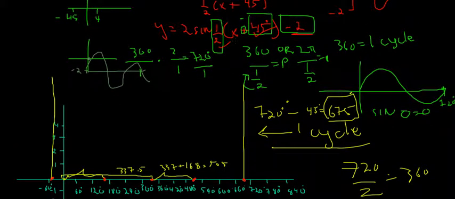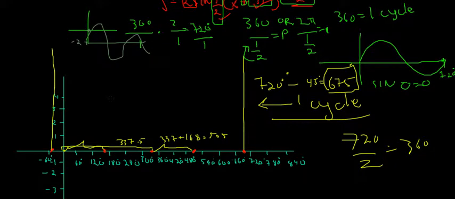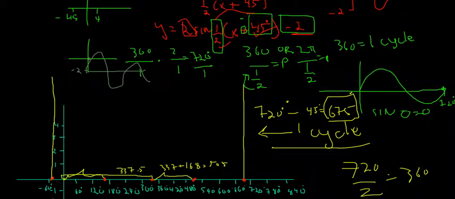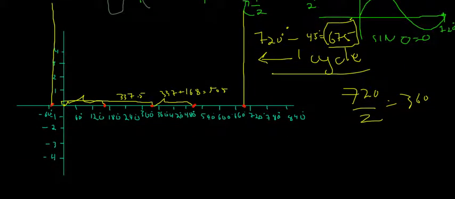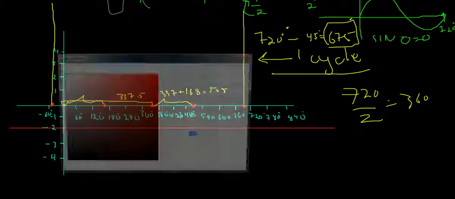So this is how I do it. First I do my horizontal, and then do my verticals, and then I do them together. So now I'm going to do the vertical displacement, or my mean value, which is -2. So I'm going to take this and put a line at -2. That's my new x-axis now. So now we just shift our points from the top to the bottom, and it's simple as that.